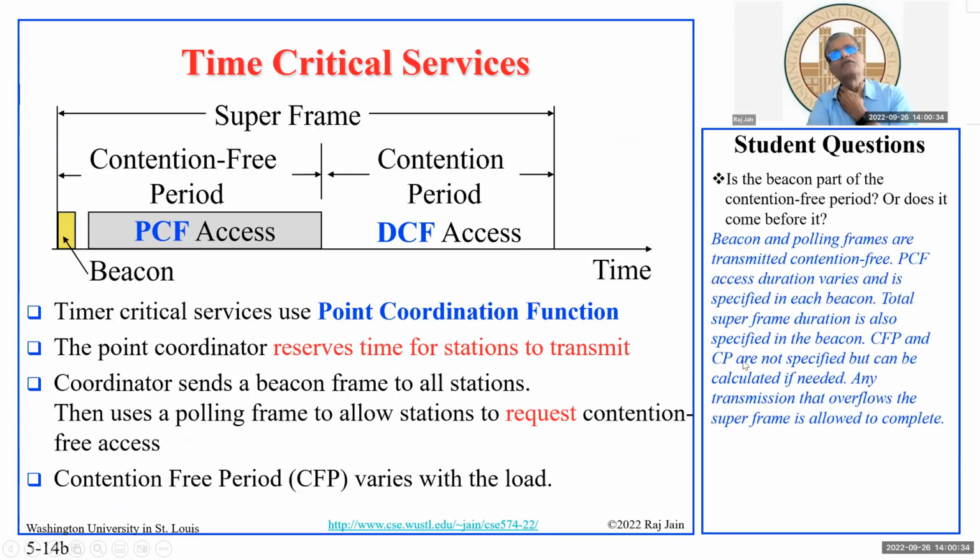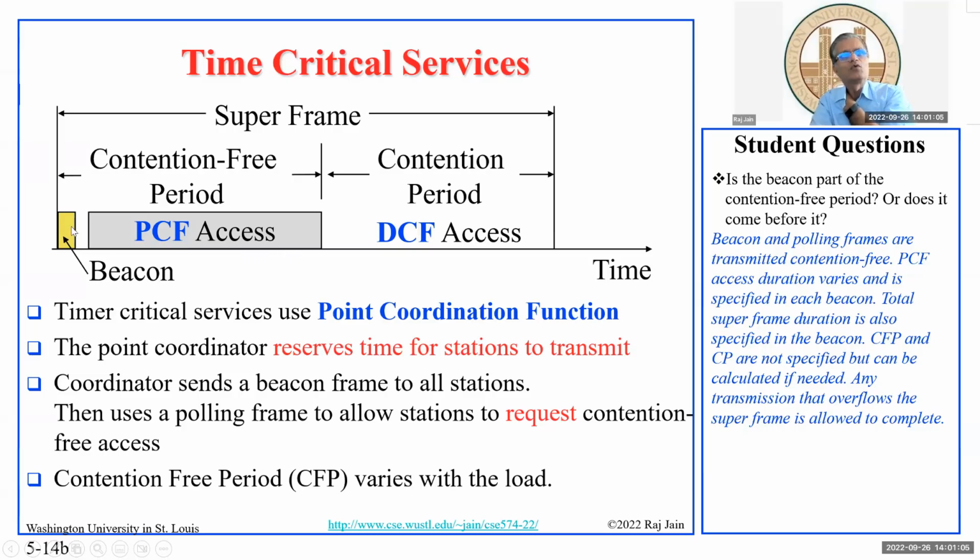Okay, so this question: is the beacon part of the contention-free period, or does it come before it? I was kind of divided in my mind, and maybe I will change this line to here, PCF access, but I didn't do it today. But anyway, here you think this period is the contention-free period, meaning basically it is pre-allocated.